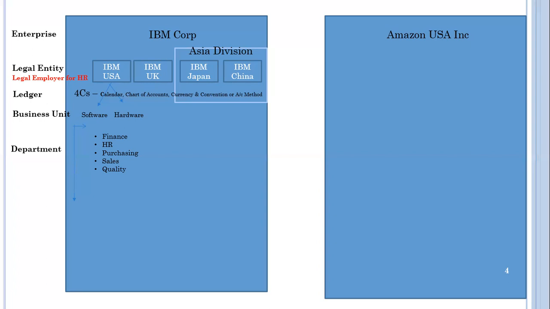Now, a legal entity is typically an entity that we define in finance. It has bigger implications on the finance side than on the HR side. On the HR side, we identify a legal entity more as a legal employer. So who is a legal employer? Legal employer is the entity that is responsible for deducting the taxes and submitting the taxes to the government.